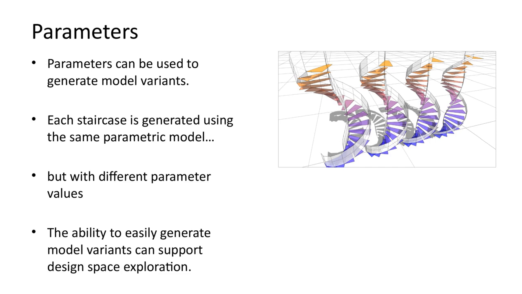In the example shown here, 4 different spiral staircases have been generated. Each staircase is generated by the same algorithm, but with different parameter values. This approach is powerful, as it allows for the rapid generation of model variants. This can support design space exploration using a rapid iterative virtual prototyping approach.